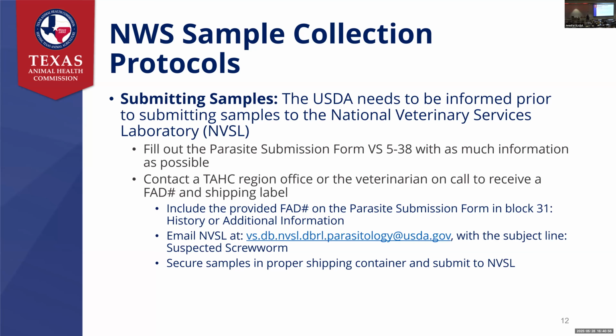There's a form that has to be submitted with the samples, VS 5-38, which can be found on the internet. Any submission package we put out will have that form in the canister.